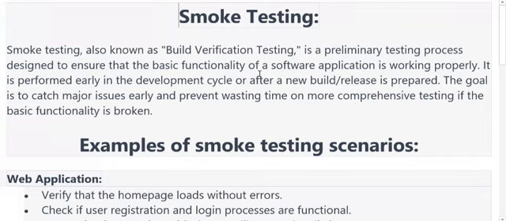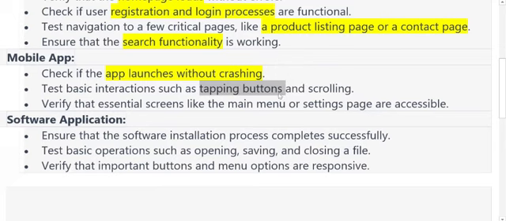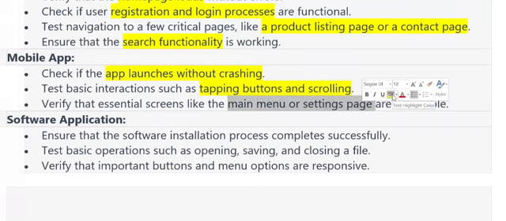And coming to the second point, whether the buttons are functioning properly or not, and scrolling, meaning navigation, is functioning properly or not, we need to check this. Verify the essential screens, the main menu and settings pages, whether we are able to access them or not, we need to check this.